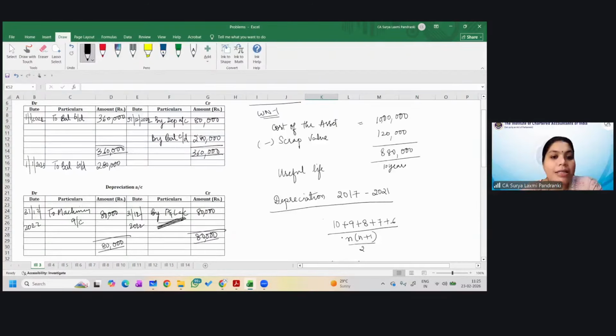But machinery is an asset account, so you can't transfer the balance to the P&L statement. Any balance should be carried down to the next year. That is why we have carried down this balance here, 2,80,000, to the next year of 2023. I hope that's clear.